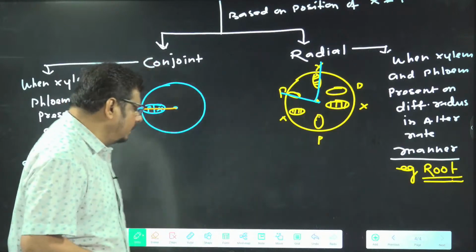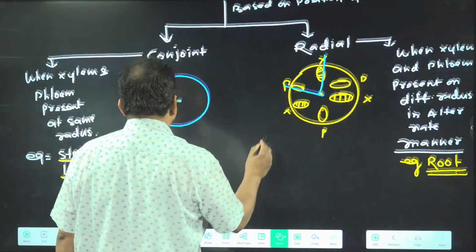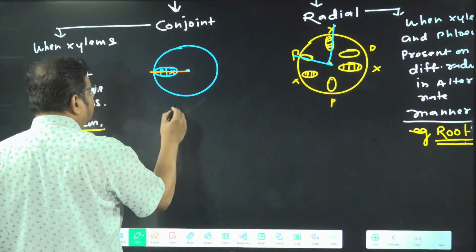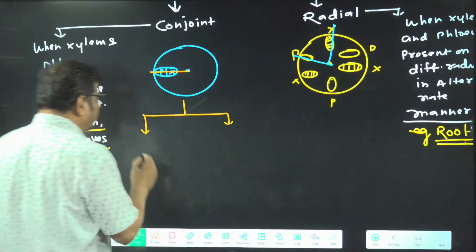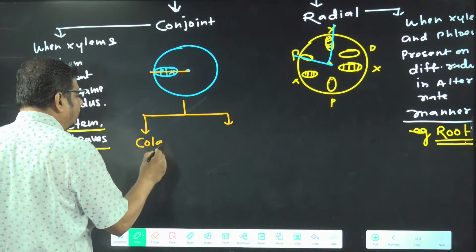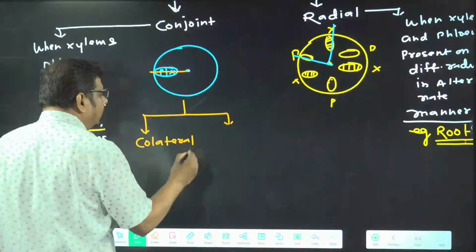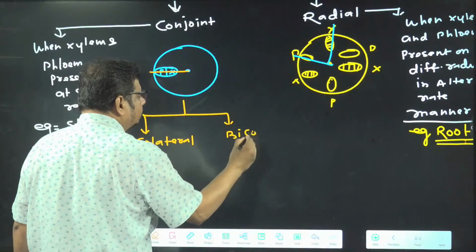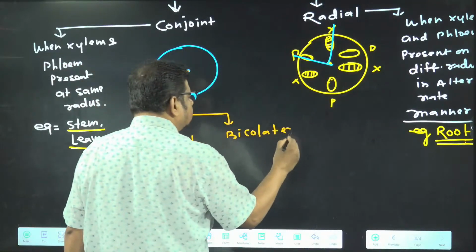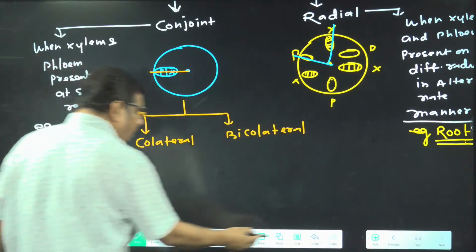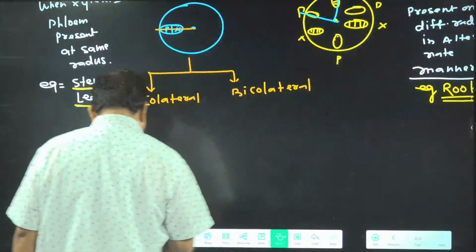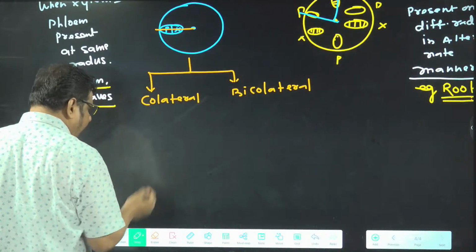Now we are going to deal with the types of conjoint vascular tissue. Conjoint vascular tissue is of two types. One is collateral and another one is bicollateral. What you find in collateral, I am telling you through the diagram.